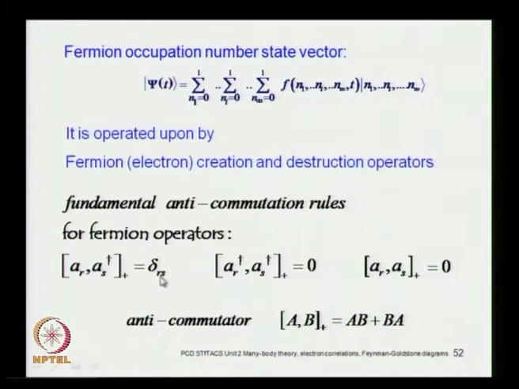It is equal to 1 when R is equal to S, otherwise it is 0, and for two creation operators the anti-commutator is 0, and also for two destruction operators the anti-commutator is 0.